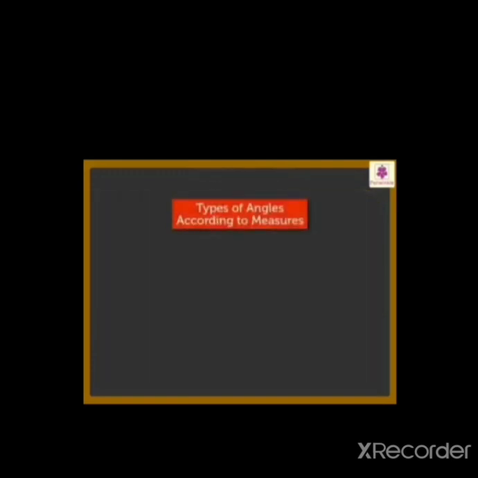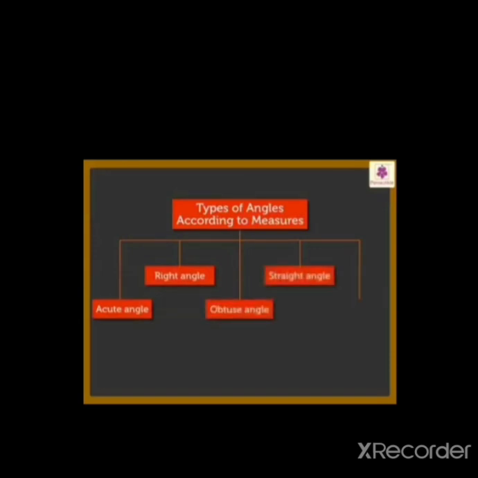Angles are of 5 types according to their measurements or size. They are acute angle, right angle, obtuse angle, straight angle, and reflex angle. Let us learn more about each one of them. Acute angle.